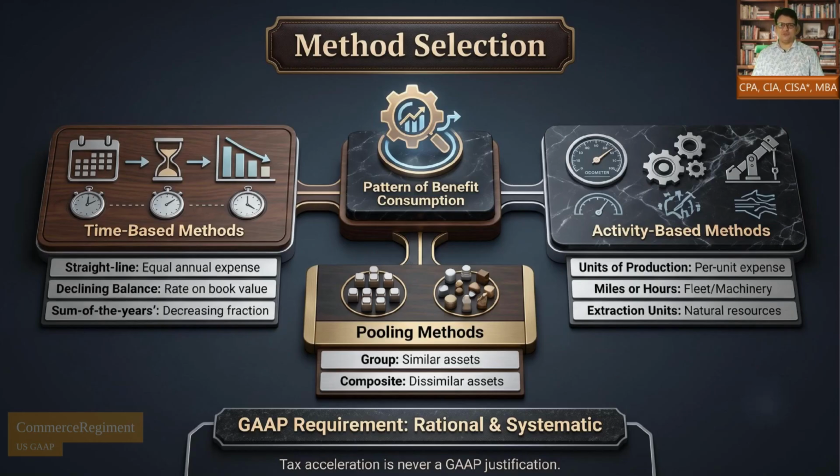Activity based methods work when output, miles, hours, or extraction units drive consumption. Group and composite methods can be used for pools of assets when the policy is properly supported. The method must be rational and systematic, not selected because it creates the most convenient profit number.